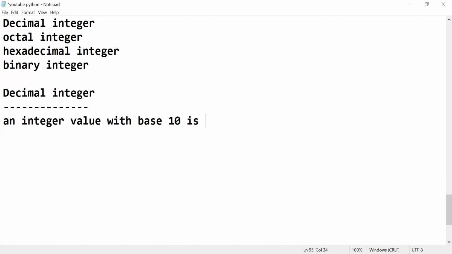The integer value with base 10 is called a decimal integer, and it is created using digits from 0 to 9, guys. This integer can also be prefixed with plus or minus.